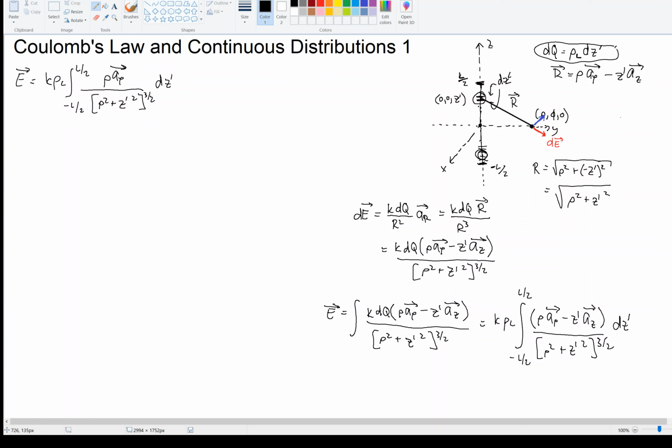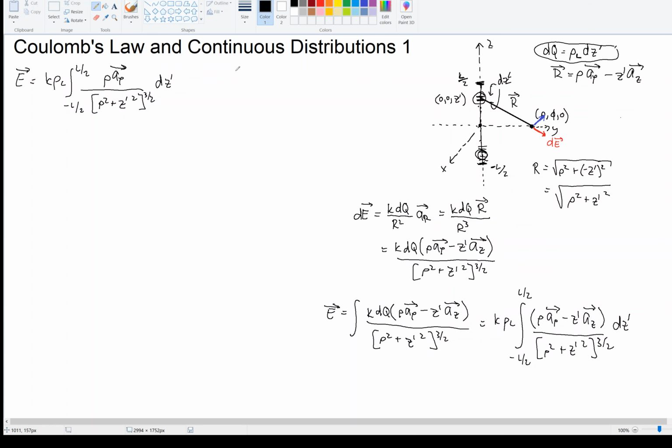Now this becomes a math problem. We have to solve this integral, and you can use integral tables or you can use trig substitution. This integral comes up quite a bit, and so I'm going to show you the trig substitution, and later on in the course we will just use this result. So I'll show you the trig substitution at least once.